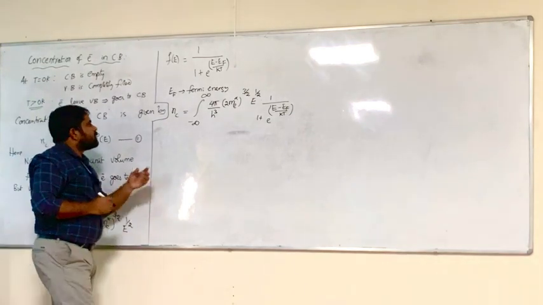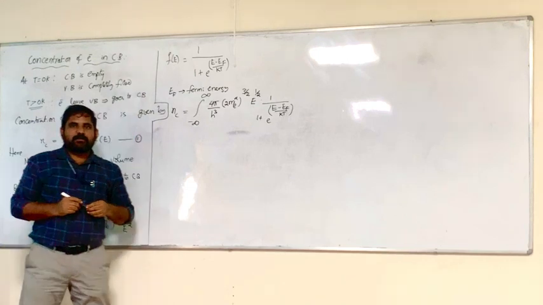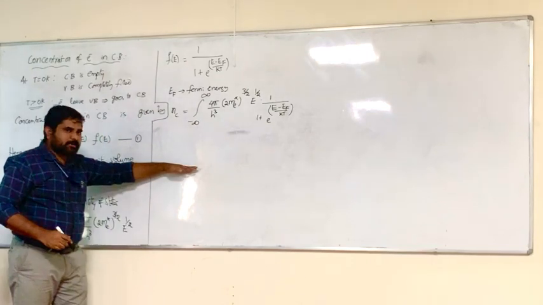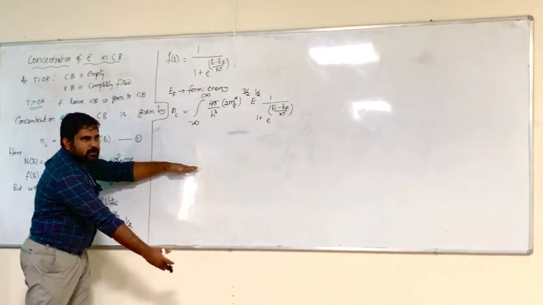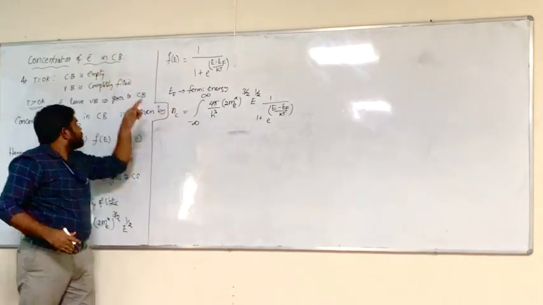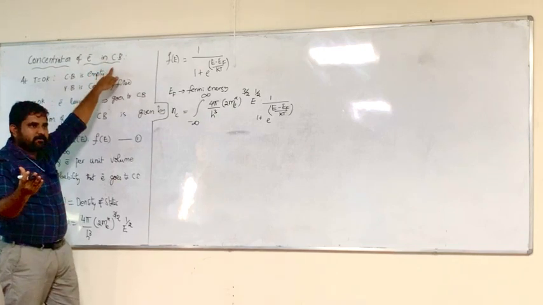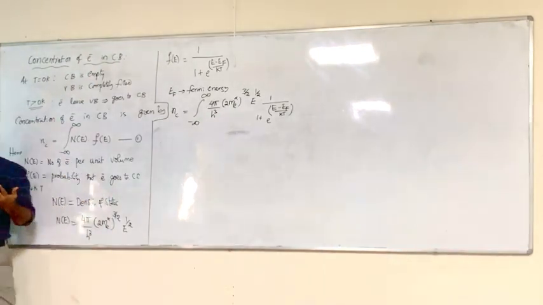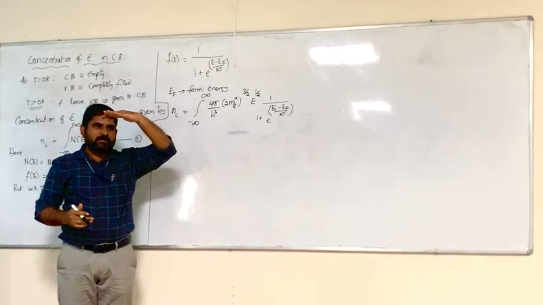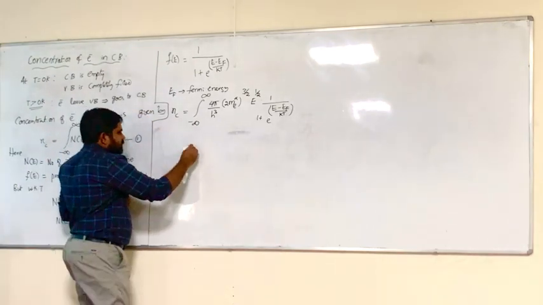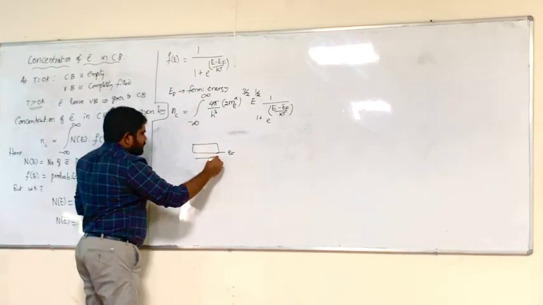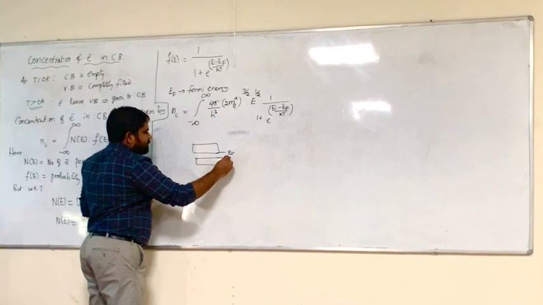See, the limits are going from minus infinity to infinity. Minus infinity means energy levels below, down, down, down. The valence band is there, and further you are going down. You don't need that. Plus infinity, the conduction band is there, and you are going even upward. What you need is the electrons in the conduction band only, not from minus infinity to infinity. The conduction band starts at EC; here is your valency band, EV.